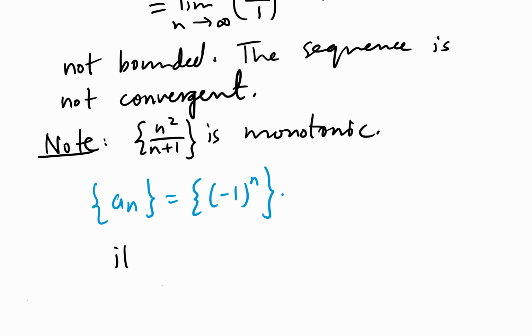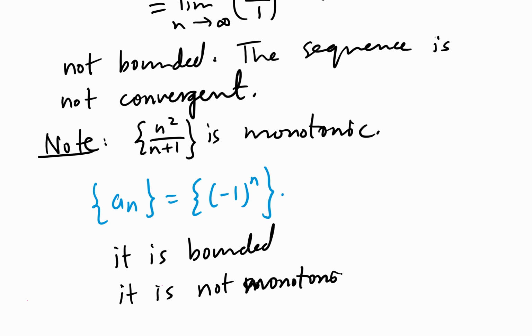So it is bounded by -1 and 1. But if you try to find the derivative for this, or find a_(n+1) and things like that, it is not monotonic. So it does not converge. Both conditions of the theorem must be met in order for the sequence to converge.